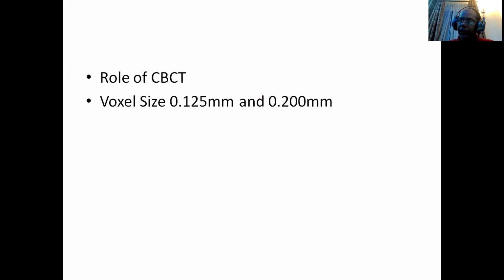As you know, voxel sizes are used for different tissues. For reading dental anatomy on CBCT, the internal anatomy of canals and roots, this voxel size is ideal. So CBCT has a big role and is very helpful to detect additional canals and the complex anatomy of the root canals.